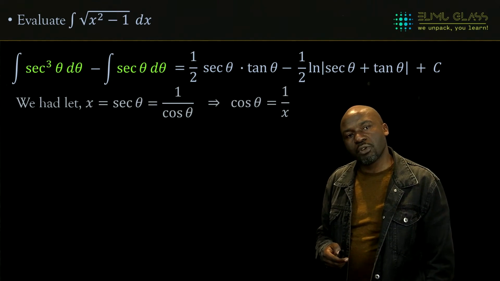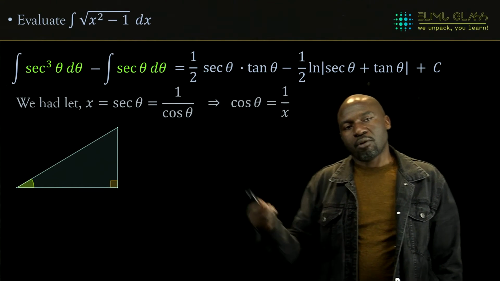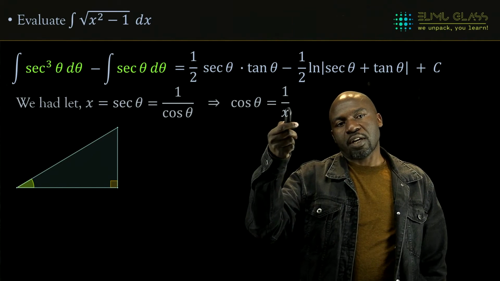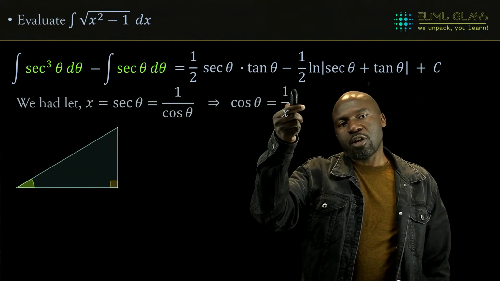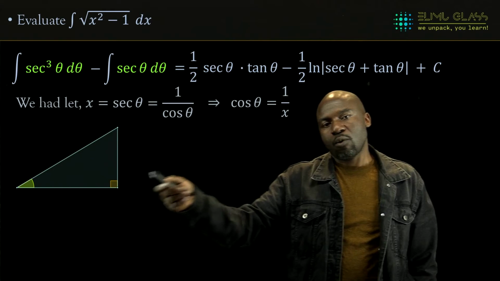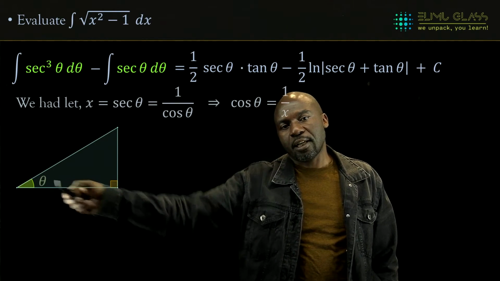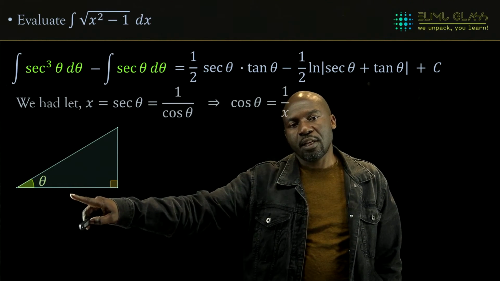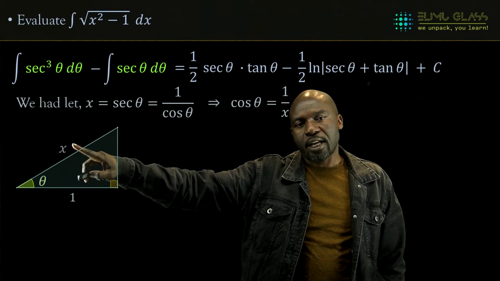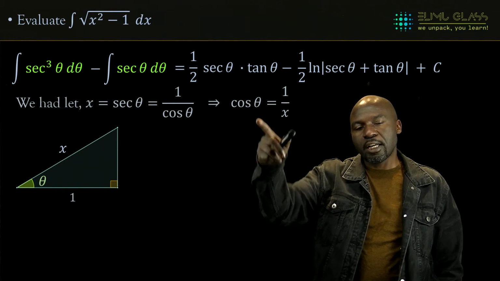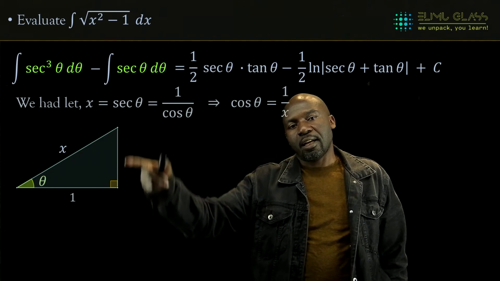So if we draw a right angle triangle, cosine is adjacent over hypotenuse, so adjacent being 1 and hypotenuse being x, we can let that be the angle theta we are talking about.